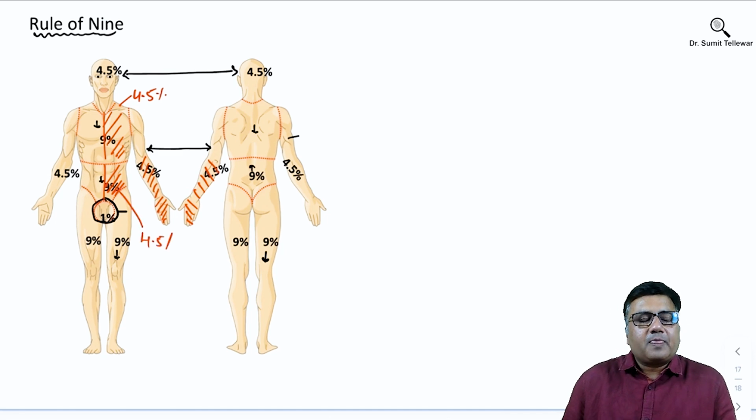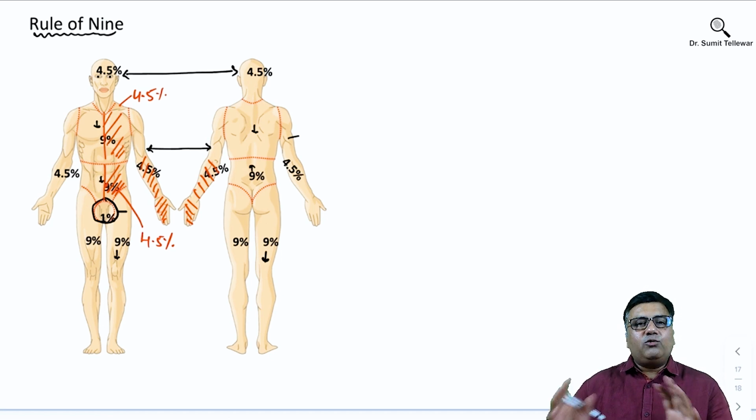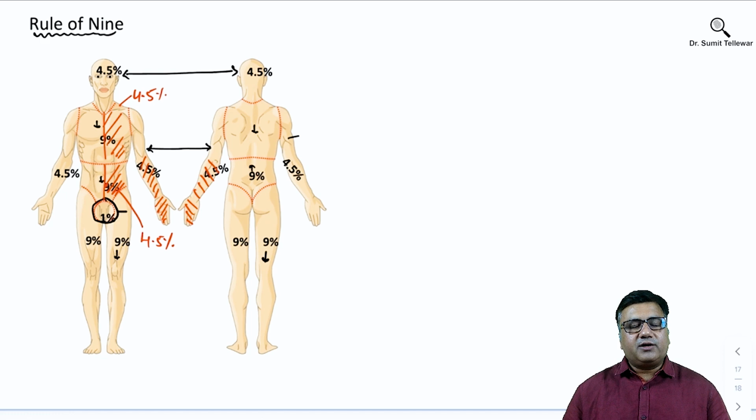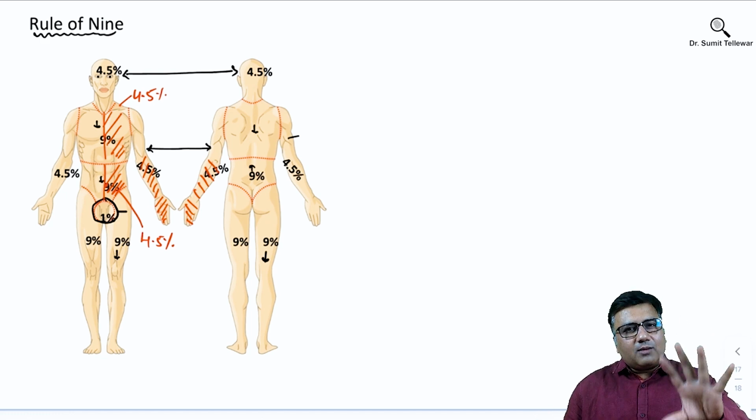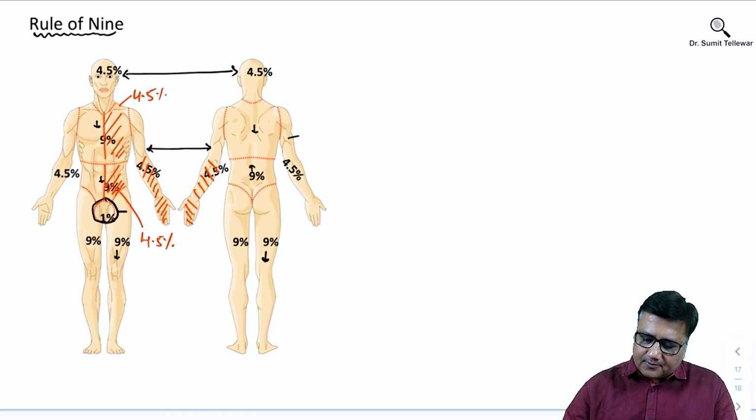Not a problem. But when we say left forearm and left hand is burnt, how do we calculate that burn? Because we have said whole upper limb is 9, right? So when whole upper limb is 9, we need to be able to divide the upper limb into 3 portions. These 3 portions are like this.